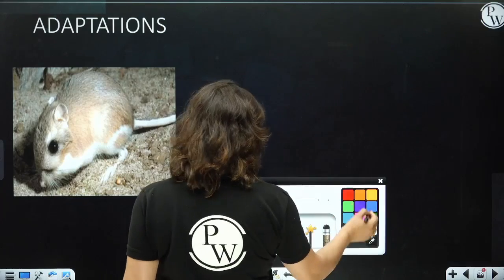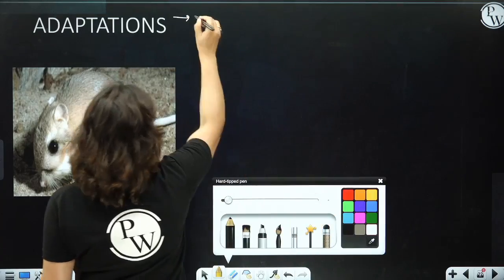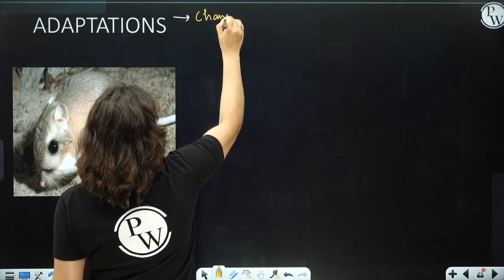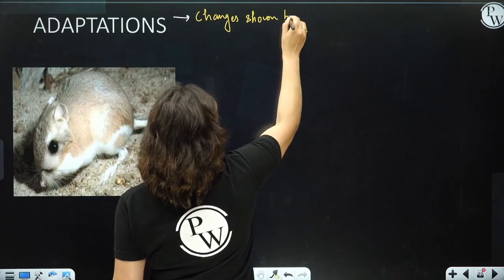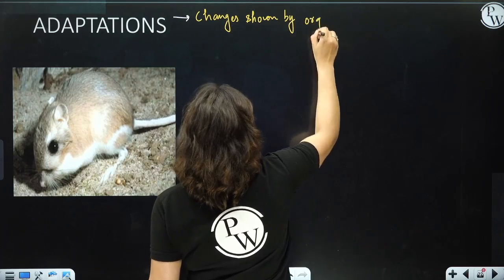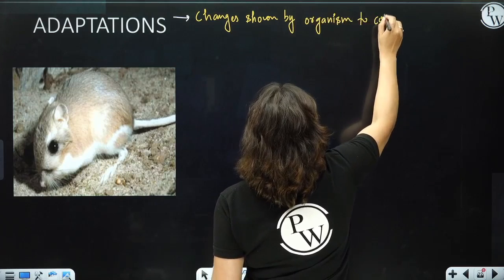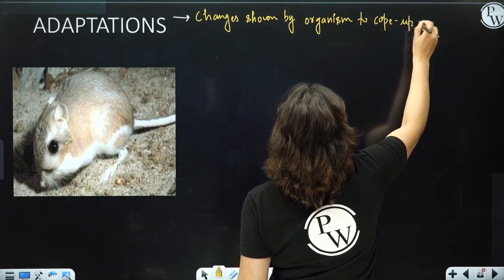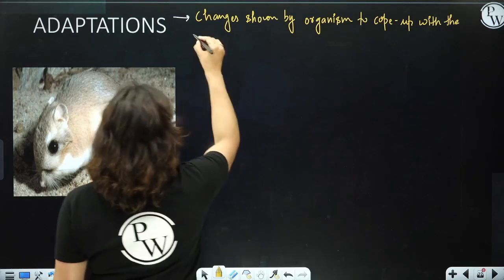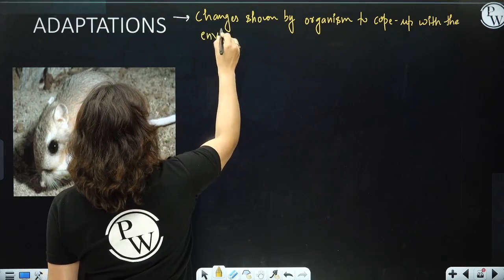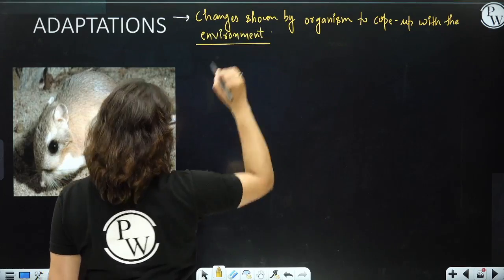So what you can say is that adaptations are the changes shown by organisms to cope up with the environment.